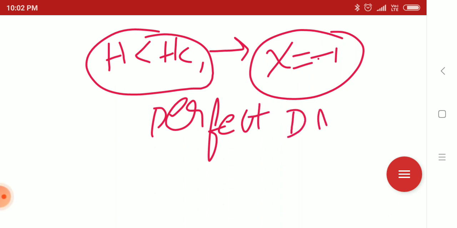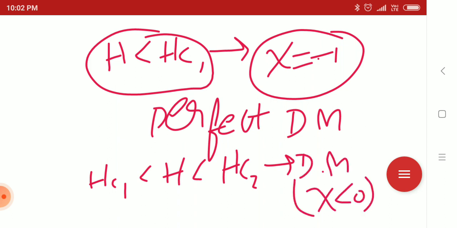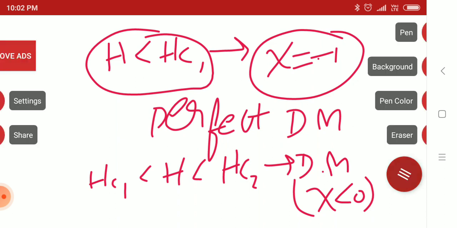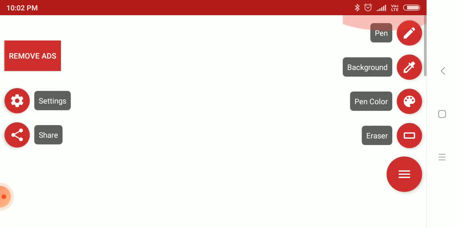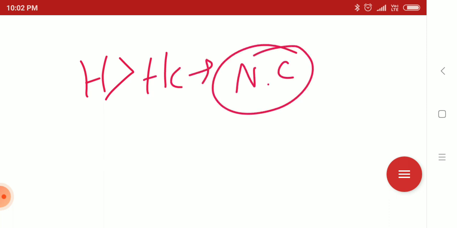In the range Hc1 less than H less than Hc2, it will show diamagnetism but not perfectly: chi less than 0, negative, but not -1. And above Hc2, the type 2 superconductor will behave as a normal conductor.